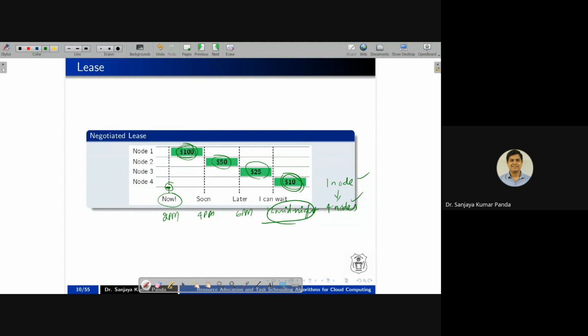Somebody offered you a very high amount and you have given the 4 node cluster up to, let's say, 350. Then you can request your client to wait up to 4 p.m., and instead of $100, you can offer $50.